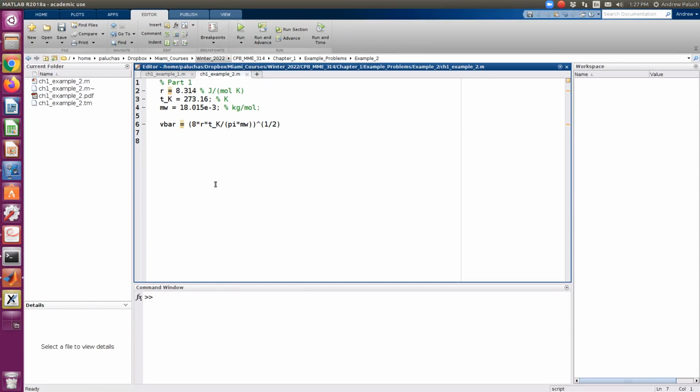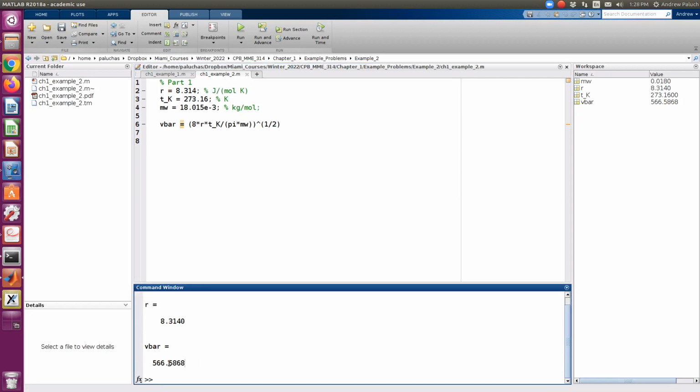Okay, so if I run that and press that output, my velocity in meters per second is 566.5868. This is all in SI units.